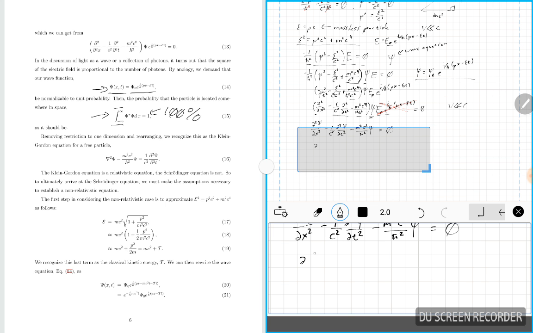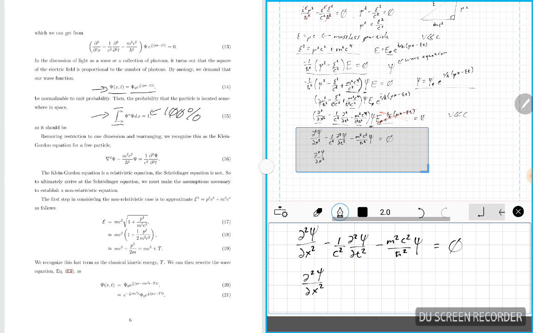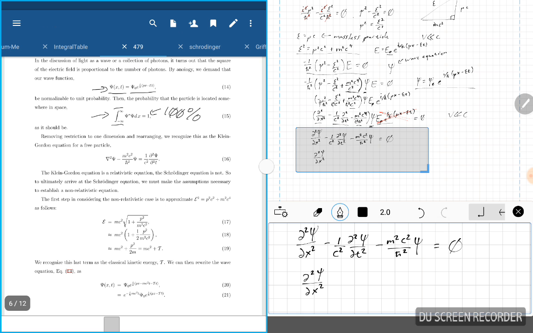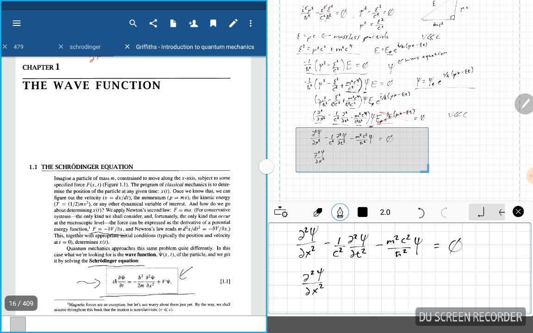Now we're just gonna move some stuff around. So I would like to have it in my more familiar format, which is going to be this guy.